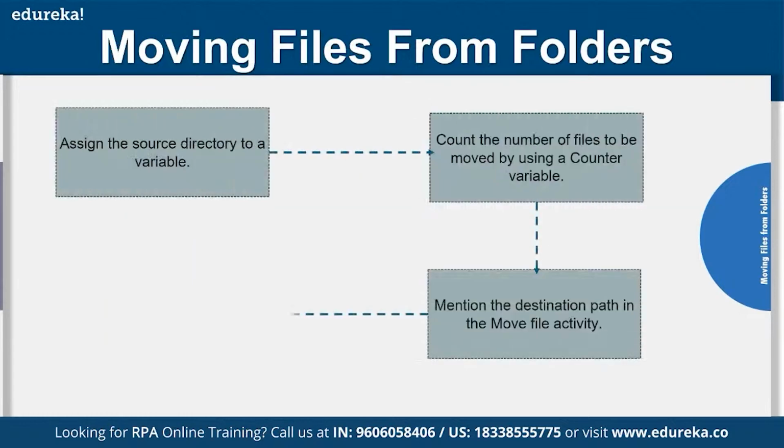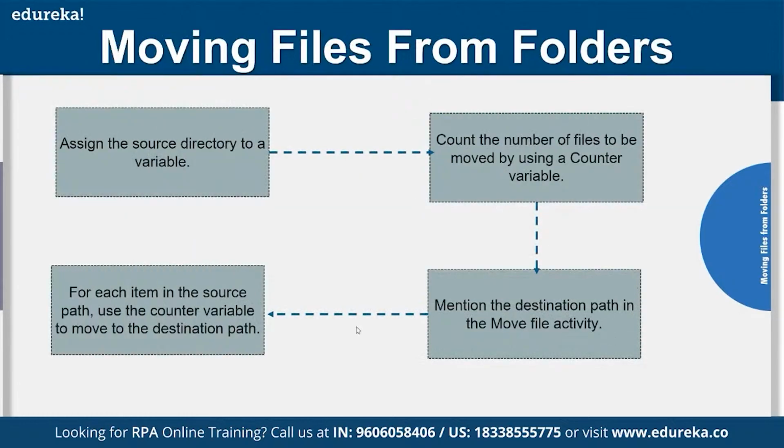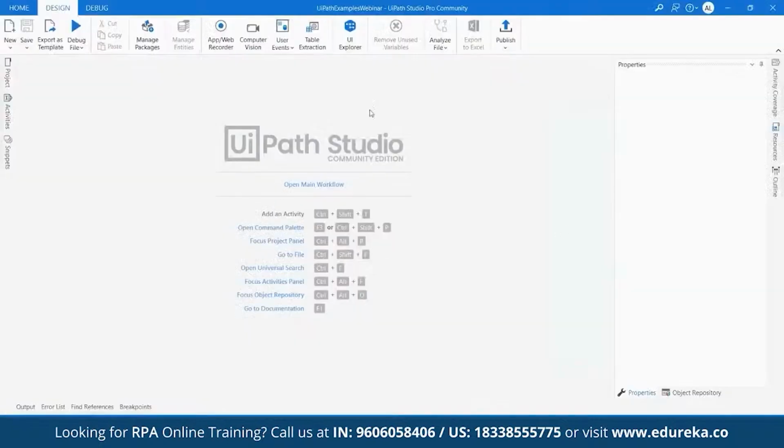To do that, we have to do these activities: assign the source directory to a variable, that is, get the path of the source directory into a variable, get the number of files you have, mention the destination path, and use loops to move the files from one folder to the other.